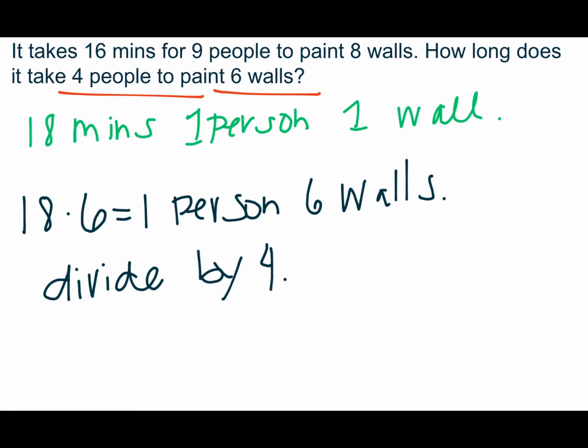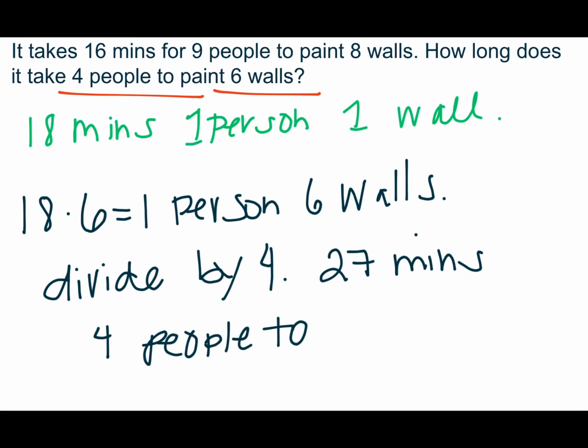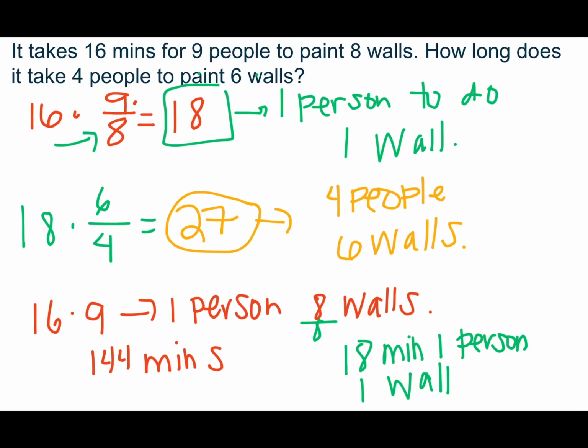And that will give us the 27 minutes it takes for 4 people to do 6 walls. And so here, if we go back, you'll see that we multiplied first to assume that one person was doing 6 walls, and then we divided by 4 because now it's over 4 people. Okay?